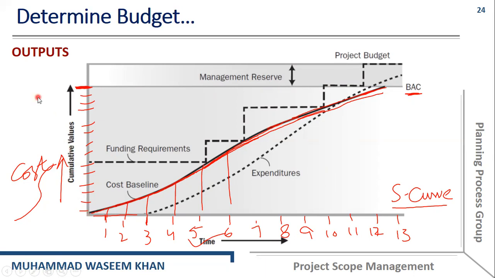We can have another dotted line here, and these dashed lines that you can see are the funding requirements at different periods of time. For example, in the first 5 months, which is the initiation of the project from 0 to 5 months, we need this amount of funds. And in the 6th month, or between the 6th and 7th month, we need this amount of funds.